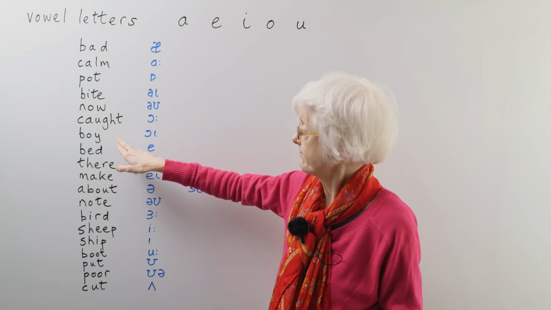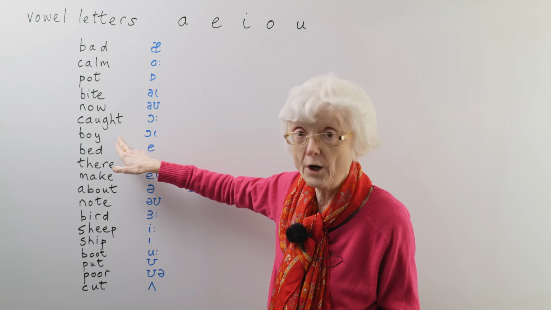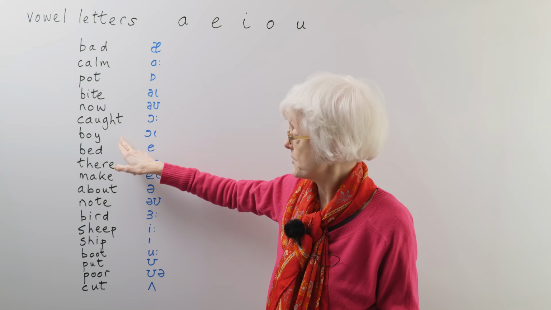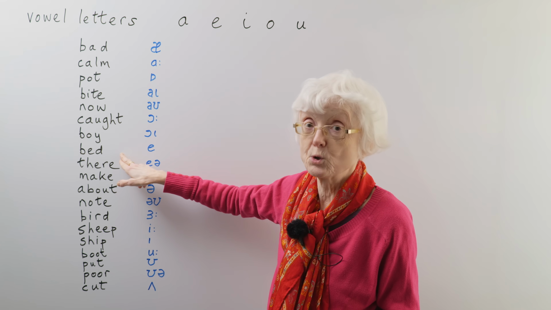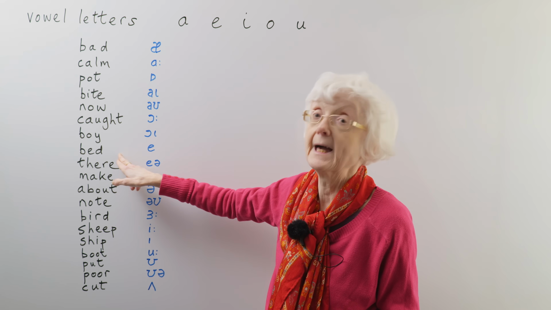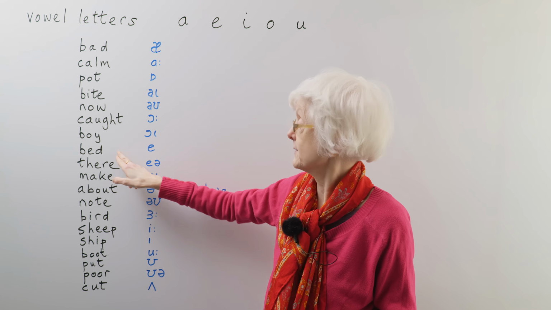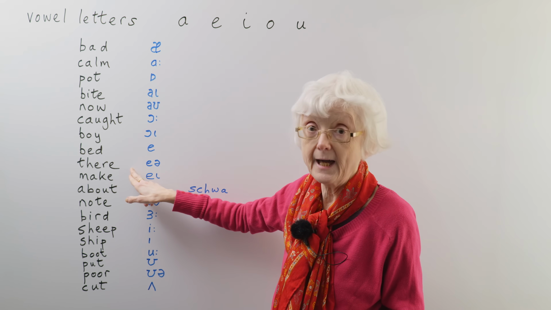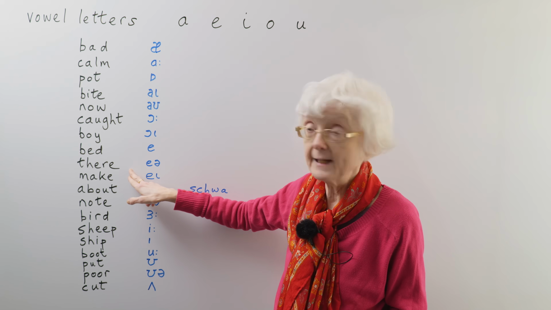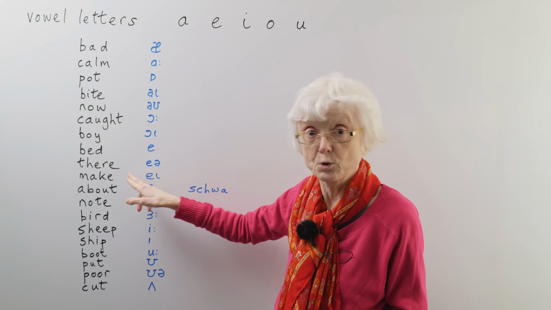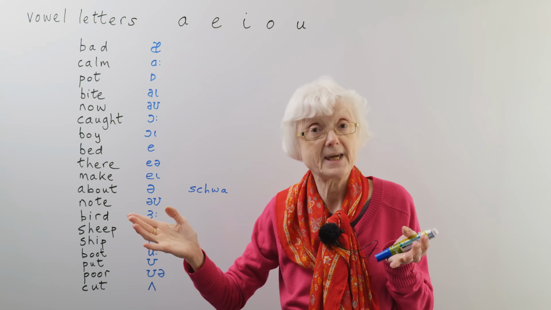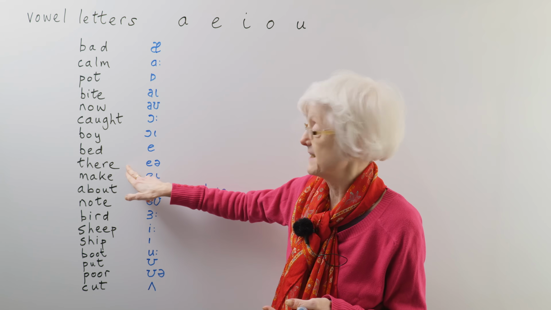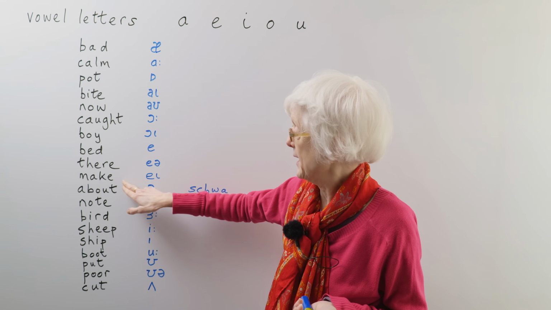Oi in boy, another long vowel sound. As in bed, that's a short vowel sound again. Bed. Okay. There, so air, that's longer again. You can tell it's longer because it takes longer to say it. Okay, as simple as that.